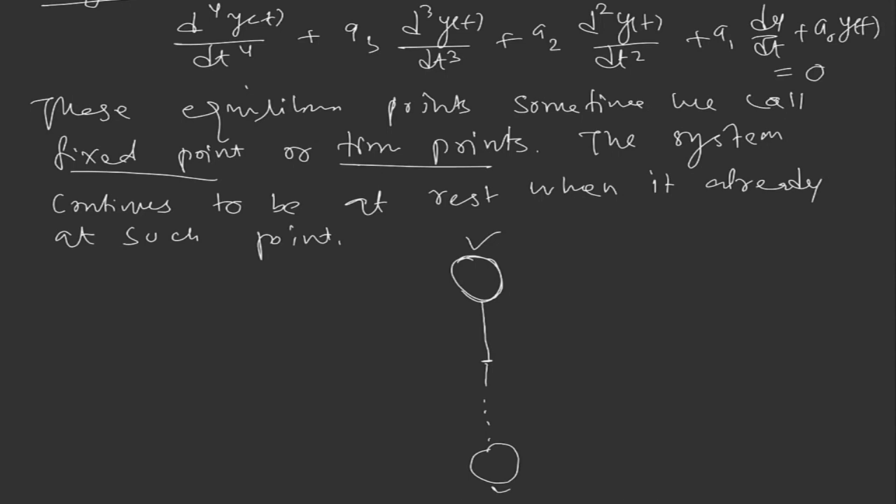Now we have to design a control system such that if the pendulum is disturbed from this point, the pendulum should come back to the initial position. In this case it is basically stable. Even if it is disturbed, it will come back automatically here. This is my initial equilibrium point. If it is disturbed, the system should be able to come back to the equilibrium point.